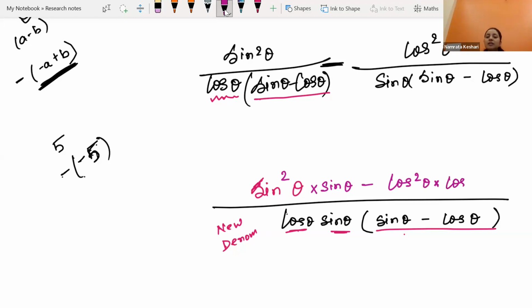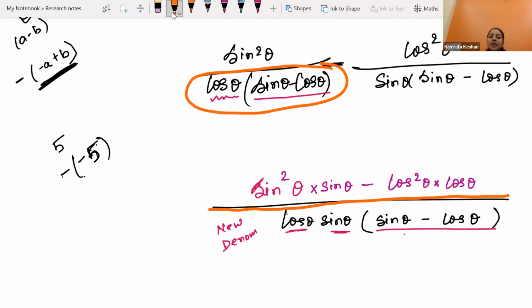Everyone getting it? How do we do the comparison? Let me show you. At first this was the denominator previously. Now we are drawing a bigger line and writing one denominator, that means one.